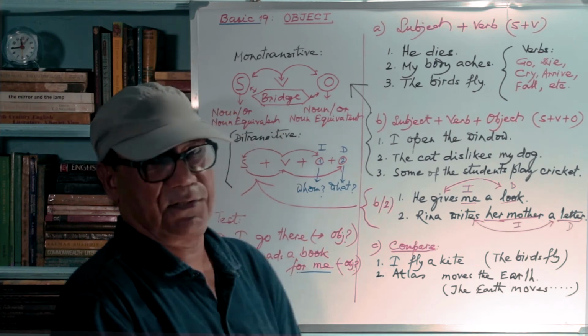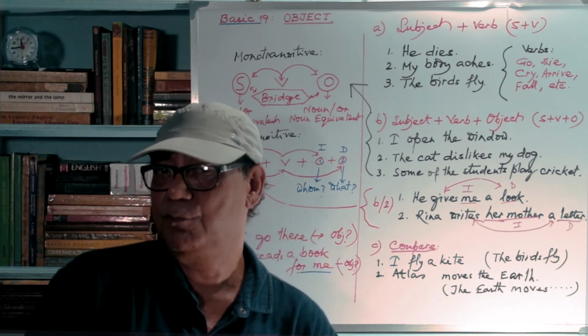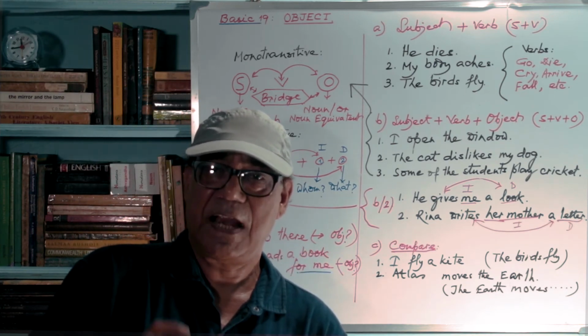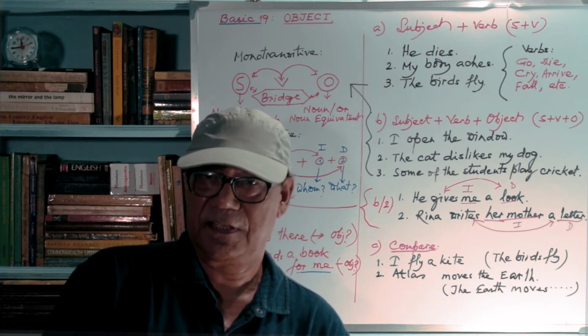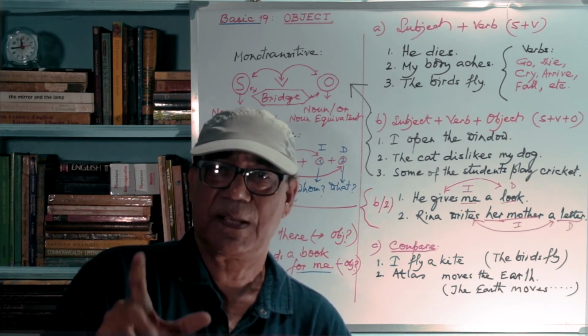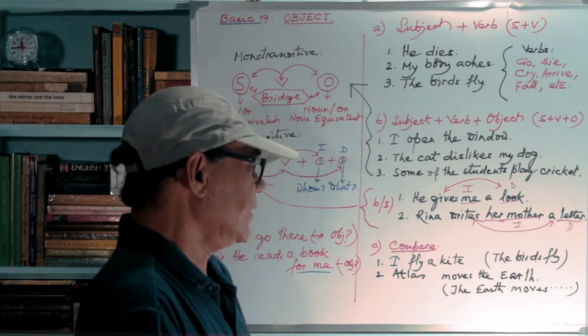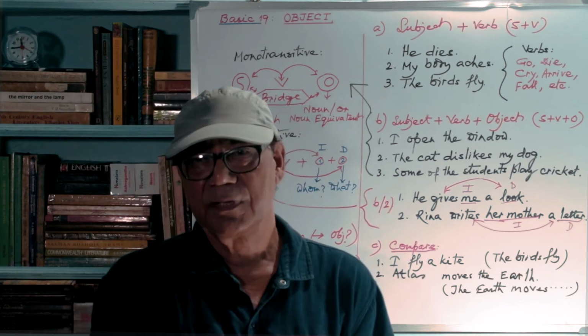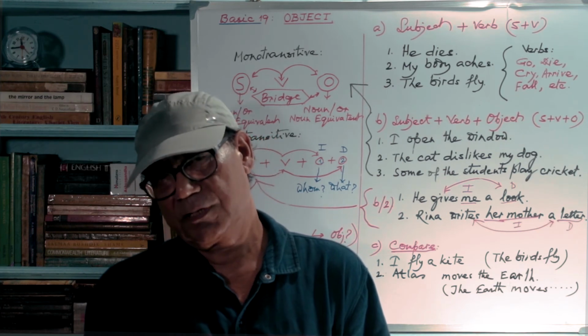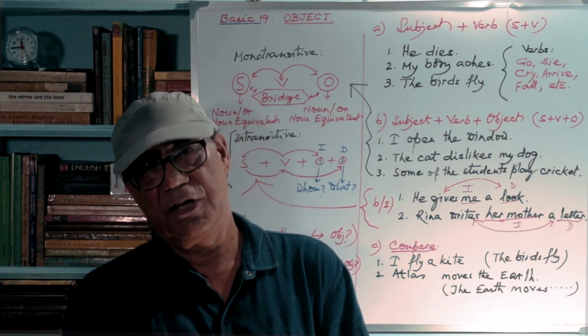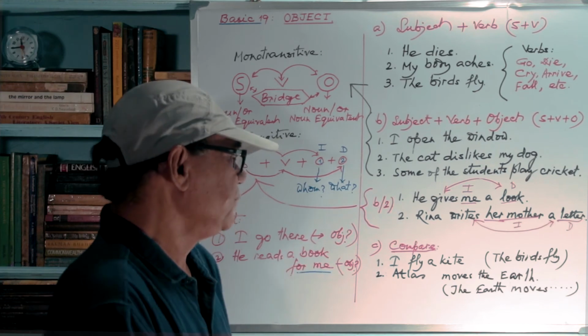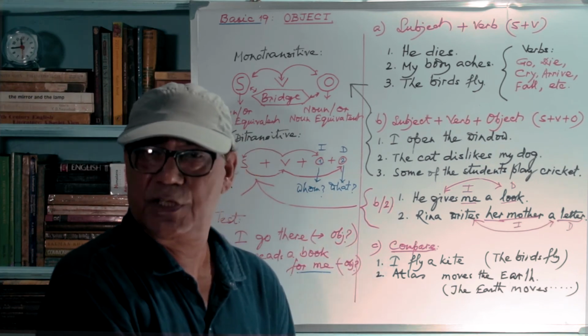Atlas moves the earth. Atlas is a mythical figure. He can move the earth, earth becomes object. But the earth moves around the sun, or earth moves. In that case, there is no object because earth moves itself. So this is very clear. There is no problem.